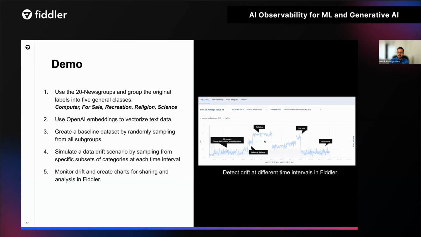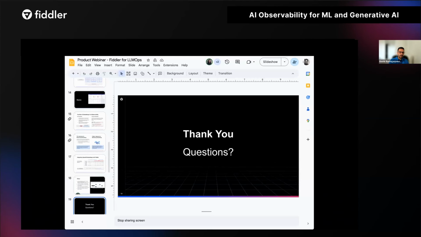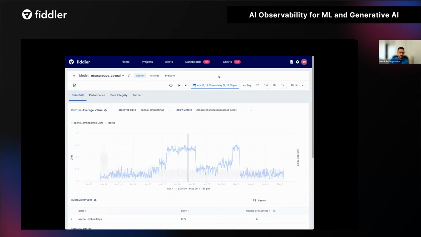The annotation tags show how the synthetic drift is created before publishing data to Fiddler. Fiddler does not have access to the information on the annotation tags, but we see that Fiddler can precisely detect the intervals in which a synthetic drift is introduced by sampling from specific subgroups in the data.